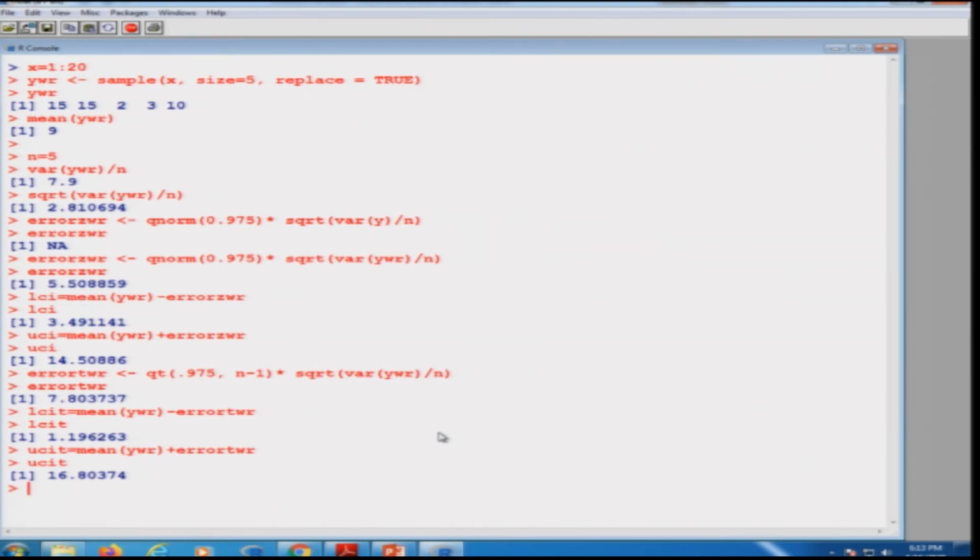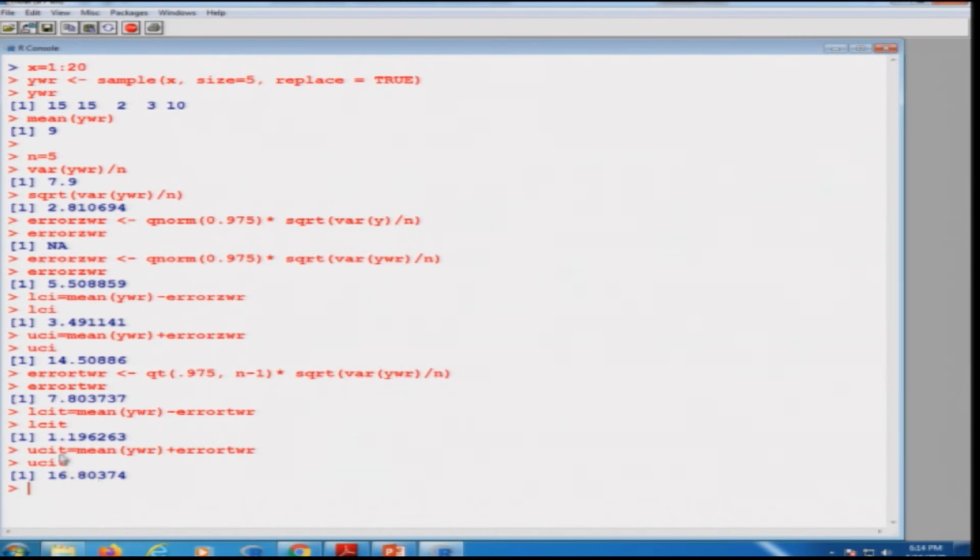So, once again the same conclusion that we discussed in the earlier lecture holds true here: the confidence interval when sigma square is known is from 3.49 to 14.5, and when sigma square is unknown and is being estimated from the sample, it is 1.19 to 16.8. That is obvious, because for the same sample, when you replace a known value by an estimated value, the sampling variation will increase in these quantities.